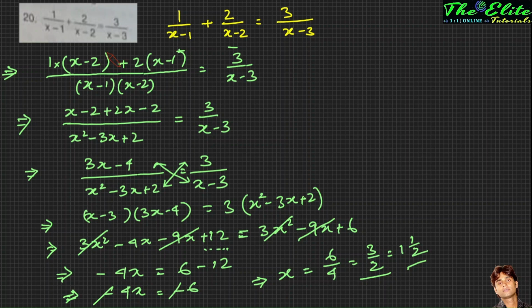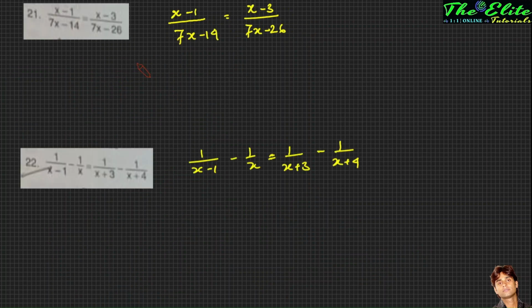Let's move to question number 21. Question number 21 is like that. Again, I would suggest you follow the technique used in the last two questions. Because we have a single fraction here and one fraction here, you can go to the cross multiplication method.